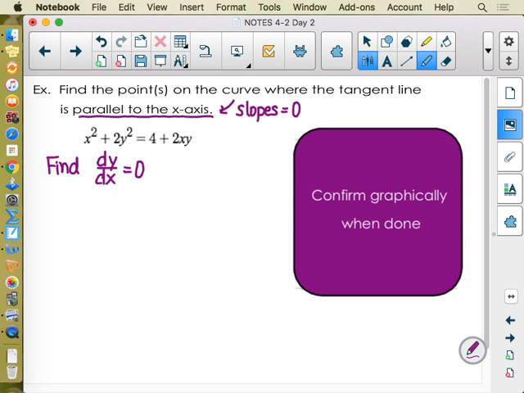So if you want to pause the video and get your derivative, if not, we'll walk through it. So derivative-wise, we're going to do implicit differentiation, differentiate on both sides with respect to x.